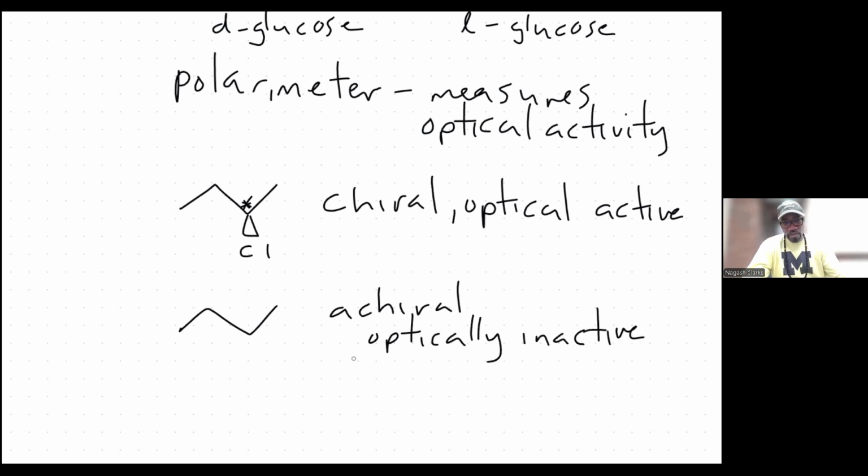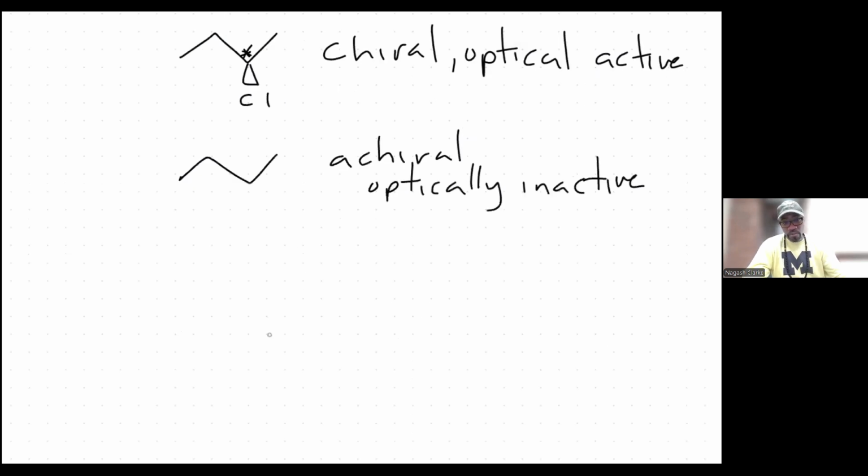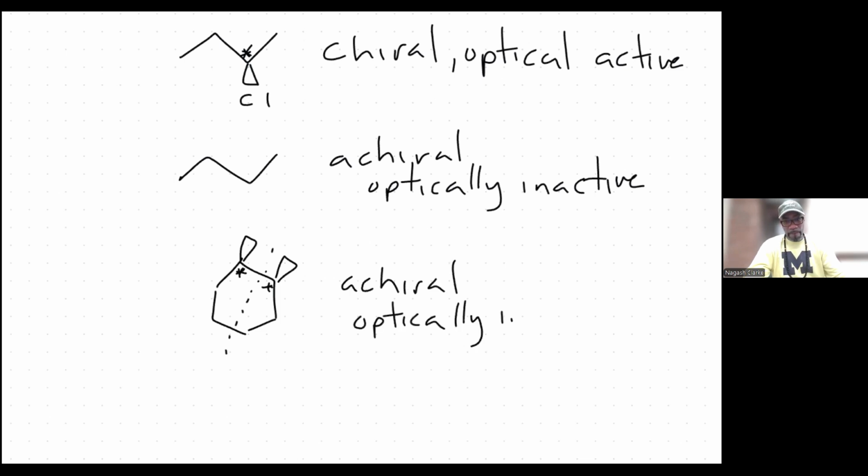Now here's a tricky one. We can look at this molecule and say, well, we have two chiral carbons, but since there's a plane of symmetry in the molecule, it is also achiral and optically inactive. All right, so this is meso.